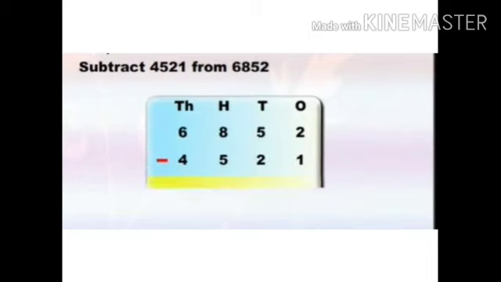Let us take one more example. Subtract 4521 from 6852. Here, 6852 is greater than 4521. Write these numbers in a place value chart. Subtract the ones. 2 minus 1 is equal to 1.